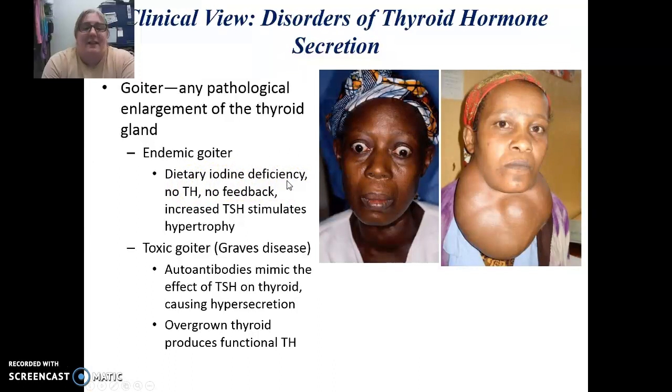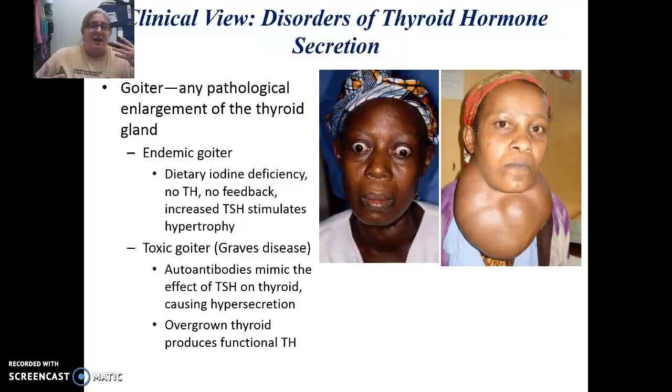So we see these in developing countries where iodine is not commonly taken in to the diet. And with this disorder, what happens is you're going to stimulate the thyroid gland with thyroid stimulating hormone because you have low levels of thyroid hormone in your system, and that increased stimulation causes the thyroid gland to get larger and larger and larger.